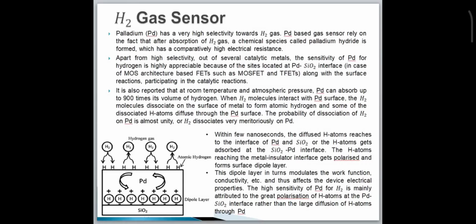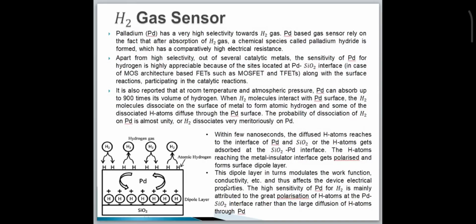This dipole layer in turn modulates the work function. The dipole layer is formed at the Pd-SiO2 interface, and the function of this layer is to modulate the gate work function. It also modulates the conductivity of the device, and thus affects the device electrical properties.